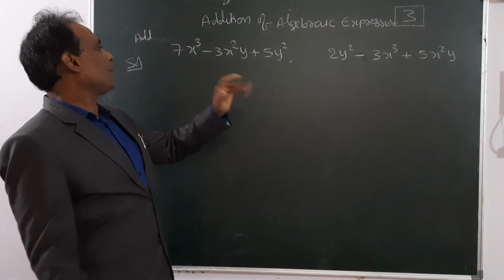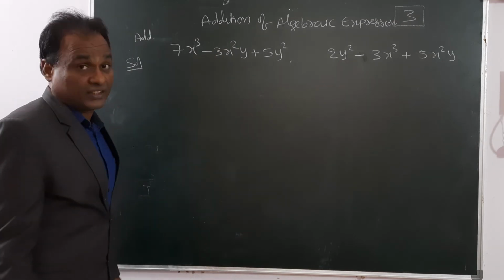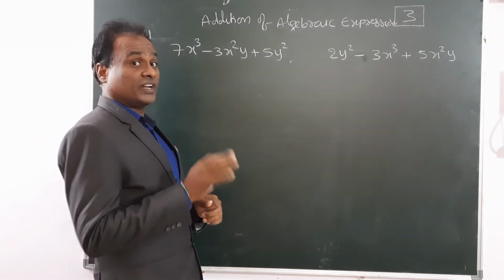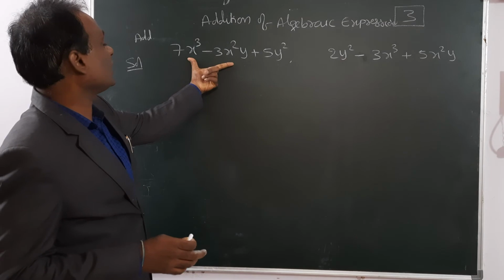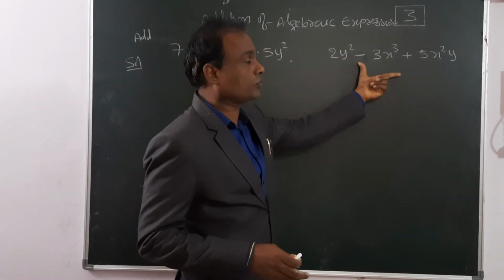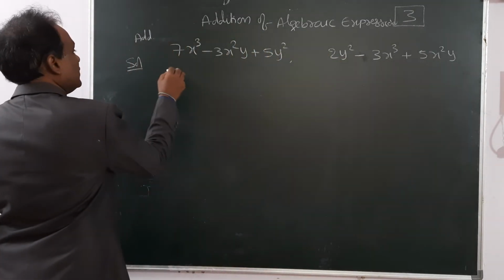So some minus terms I also included in this, so see carefully, you might get some confusion. This is the first algebraic expression, this is the second algebraic expression. Now how to add this?